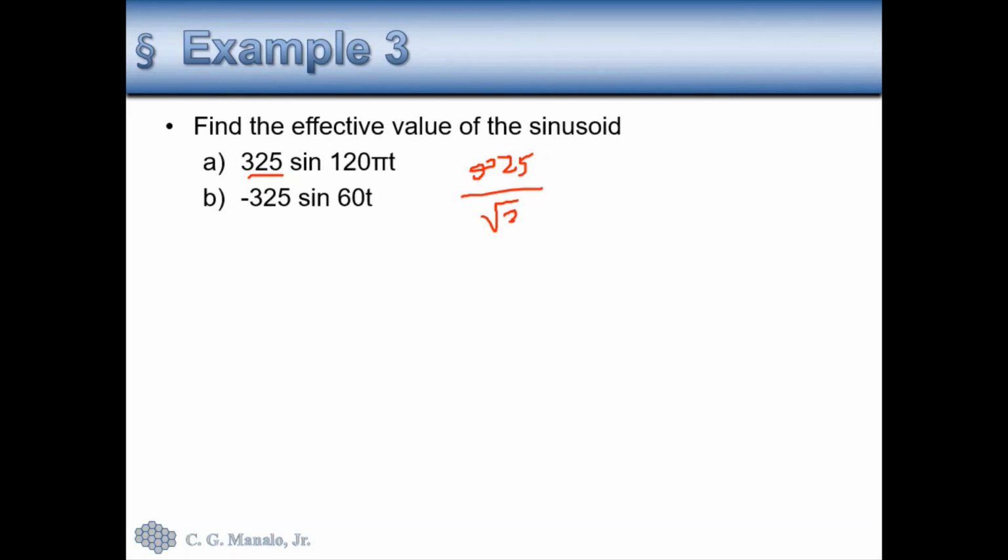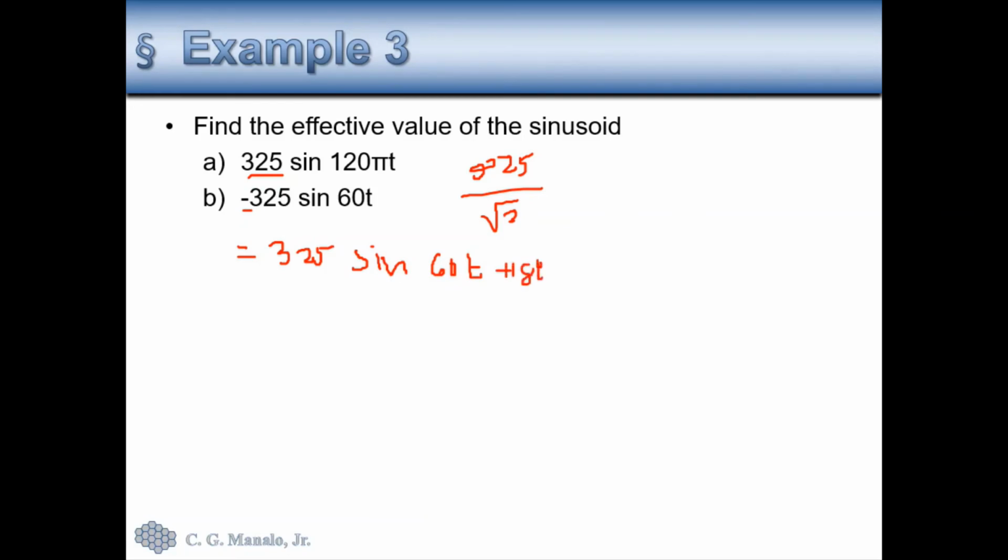Now for this one, we have a negative sign here, so we can convert that into positive by simply adding 180 degrees to 60t. So that would be plus or minus 180 degrees.